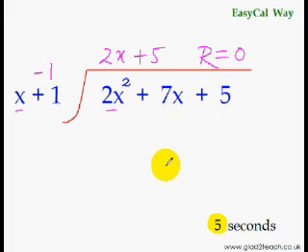Now, as you know, division is supposed to be the most difficult operation of mathematics, isn't it? You ask anybody which operation he or she finds most difficult to do. Is it addition? Is it subtraction? Is it multiplication? Or is it division?